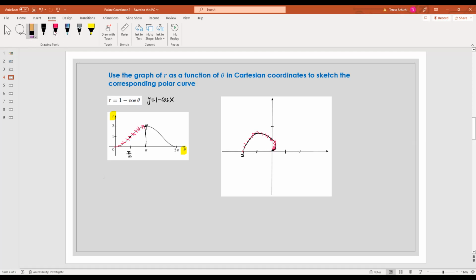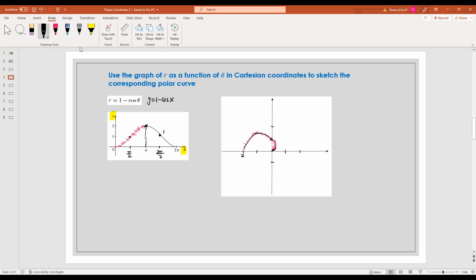Okay, so now let's take a look at the other ones here. After it reached pi, it continues going down to 0. But it's all positive, right? So I don't need to flip back and forth. So also when this one is equal to 3 pi over 2, my r is 1 again.